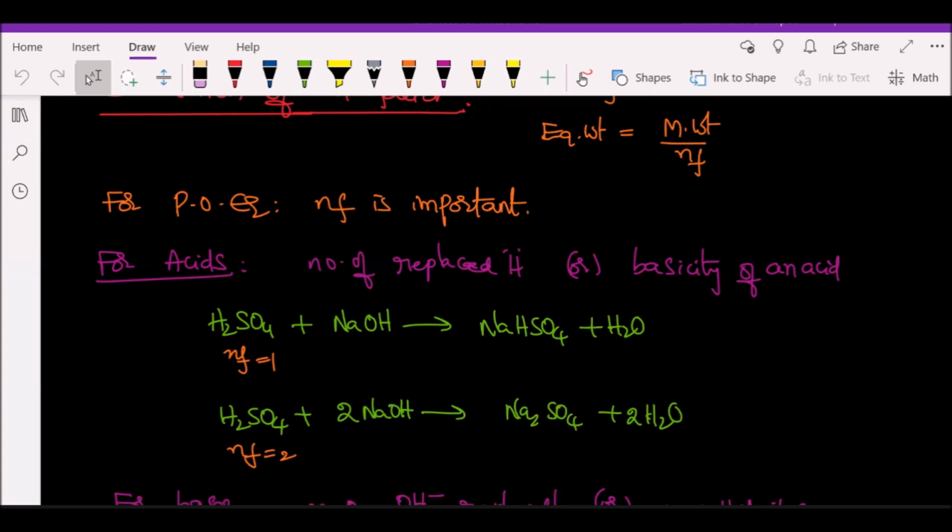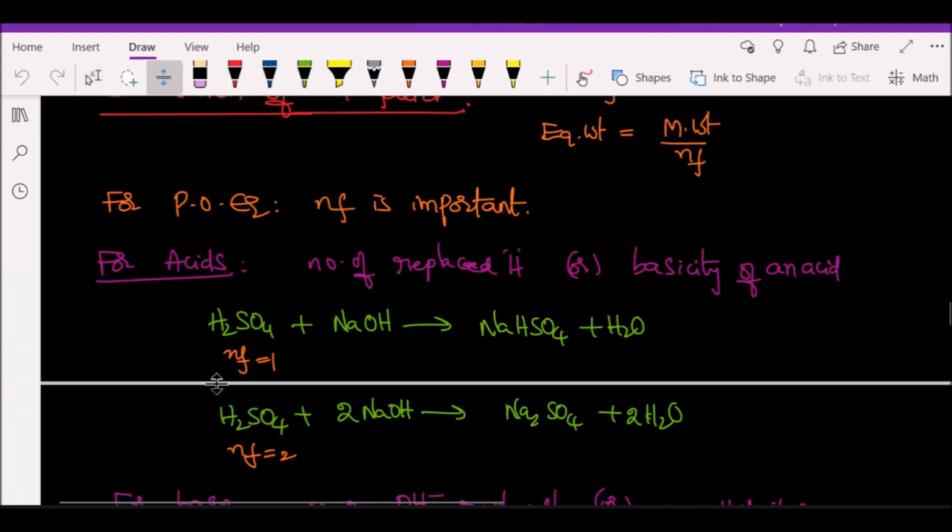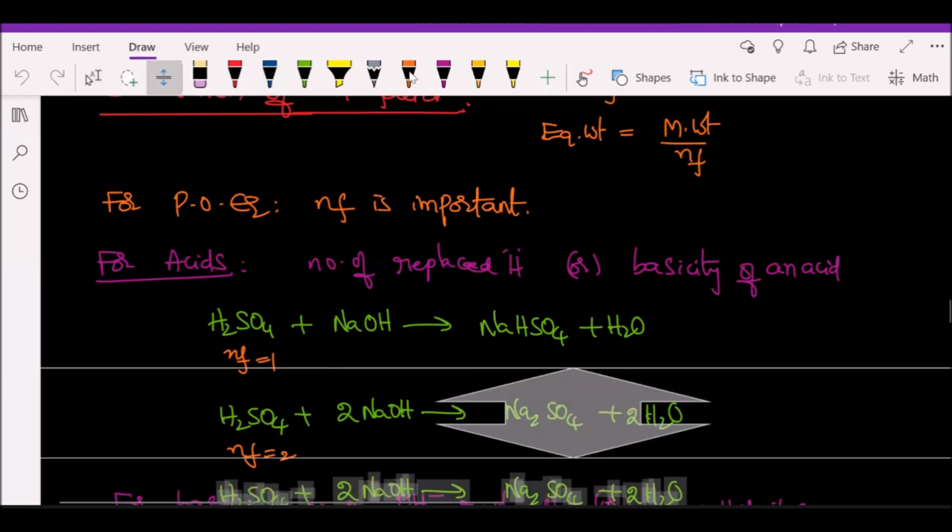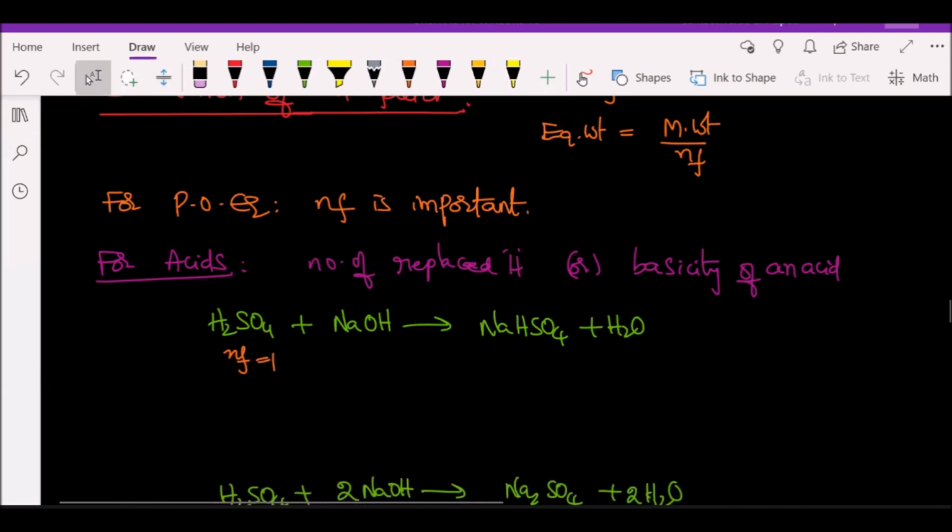Sir, what is the basicity of NaHSO4? Is it 1? All of you, check this point again, as we had a question now. For example, the same NaHSO4, if it reacts with NaOH, one more hydrogen is available here.